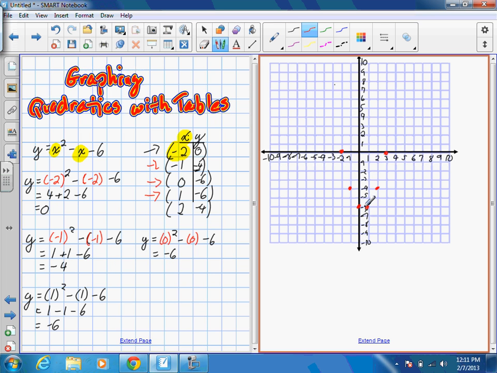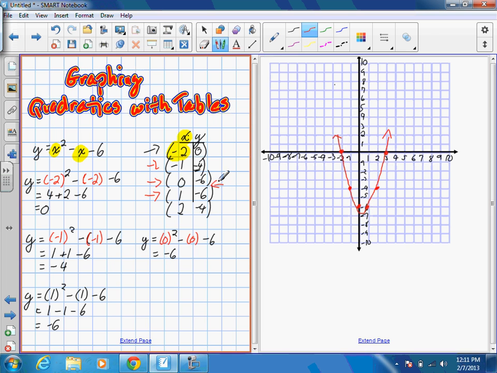So really when we go to connect that, we're going to estimate that the vertex is probably between those two values. So it probably dips just a little down and then comes back up. We don't have to be perfect. We just have to get a general shape of this. Okay? So the vertex was probably between those values, maybe at something like 0.5. But we used whole numbers so that the question would be much easier for us. And that's fine. We're just trying to get a general sketch of this graph.